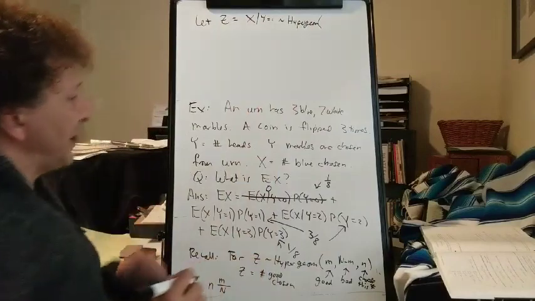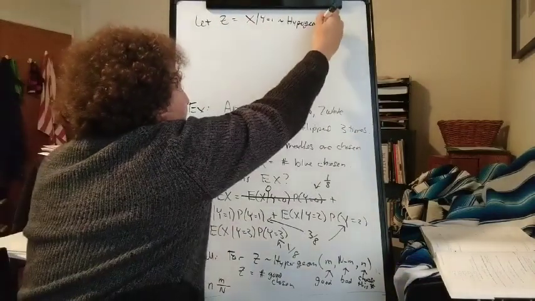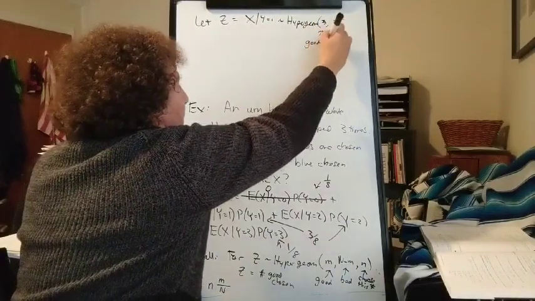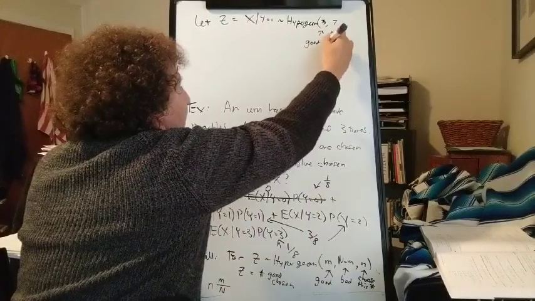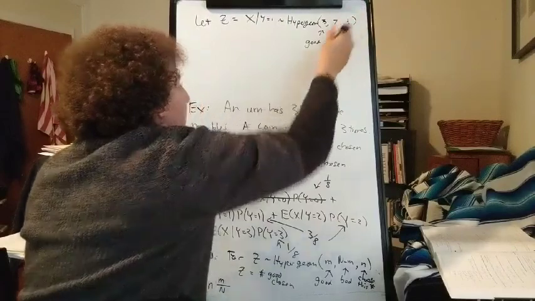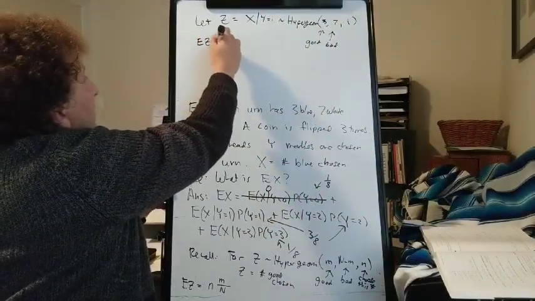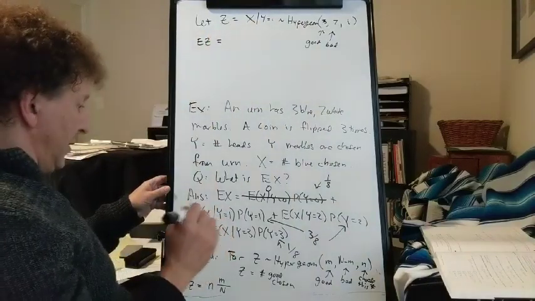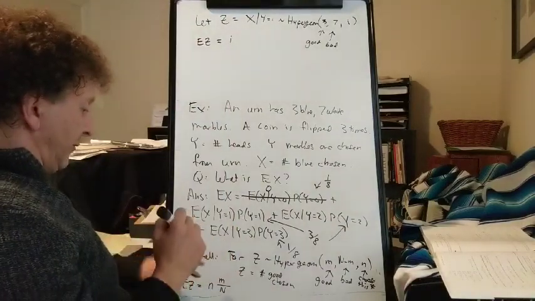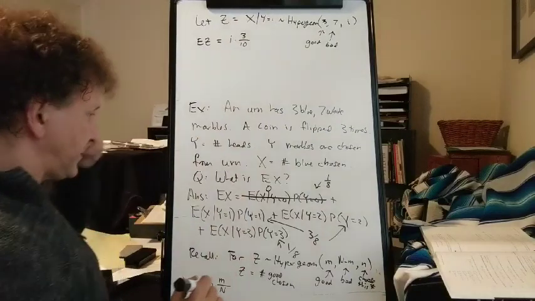So this is hypergeometric with, well, the number of good objects in the urn is 3, and the number of bad ones is 7. Total is 10. And then we're choosing i of them. So the expected value of Z is the number that we're choosing, and the fraction of good ones in there. So i times 3/10.